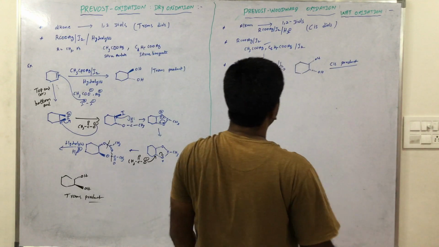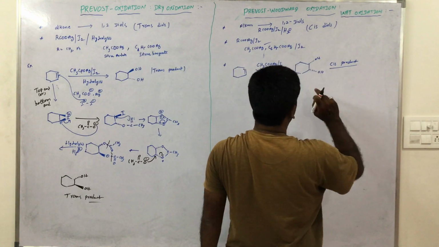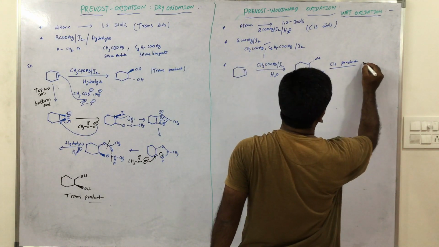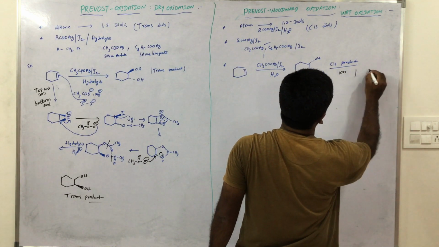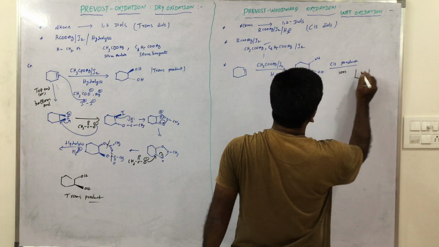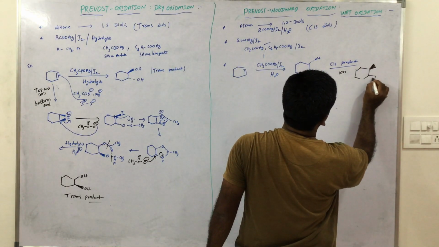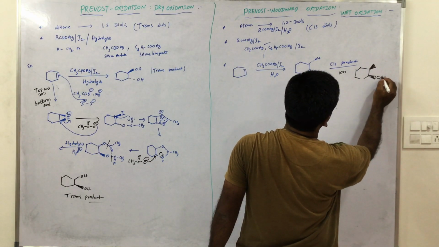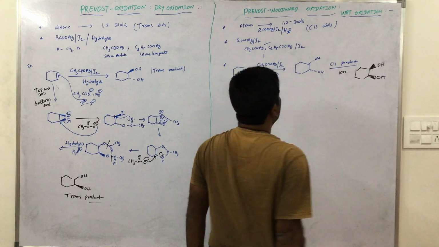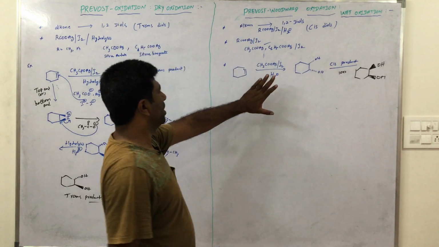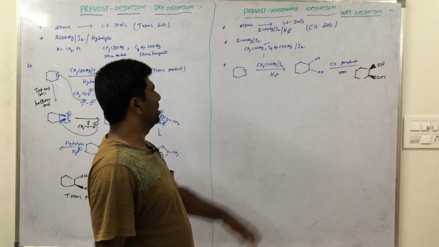We get this product, where these two alcohol groups are above the plane, or these two are below the plane. Both alcohol groups are on the same side.